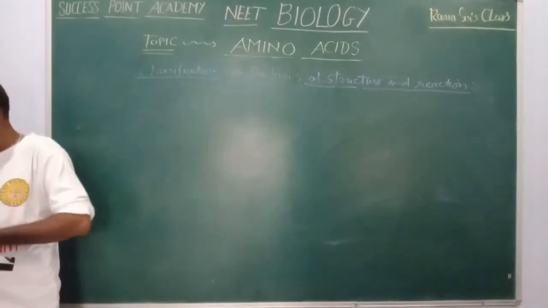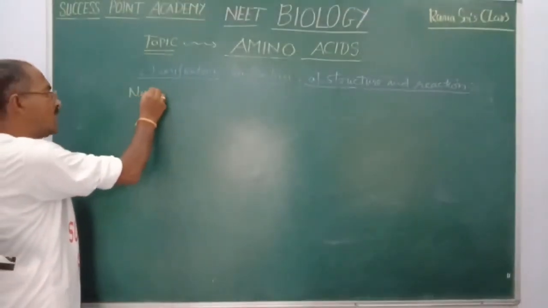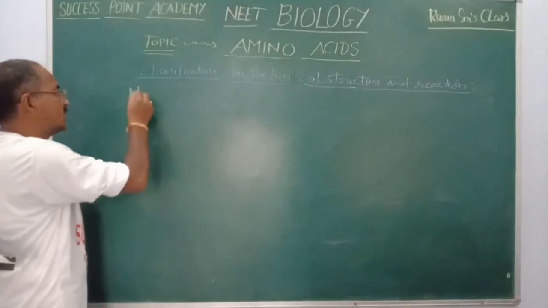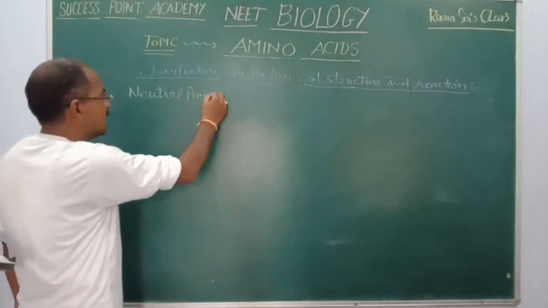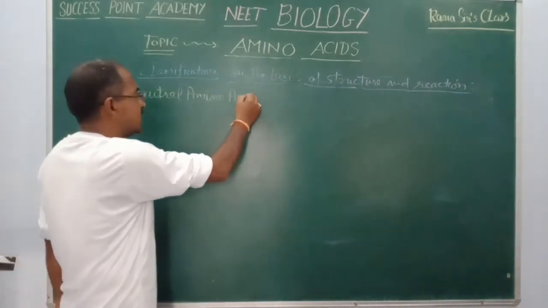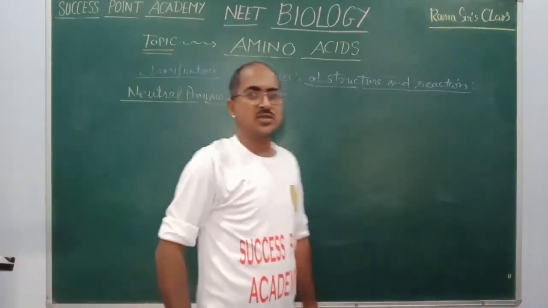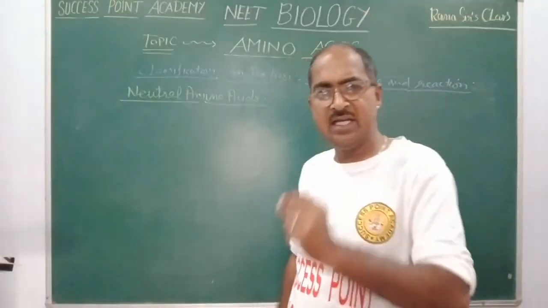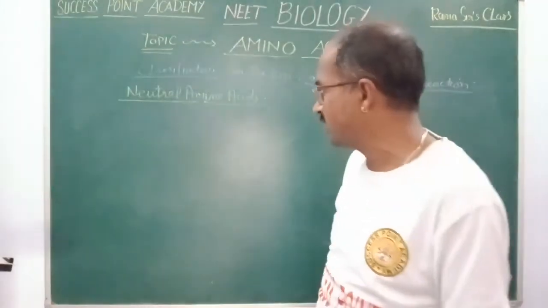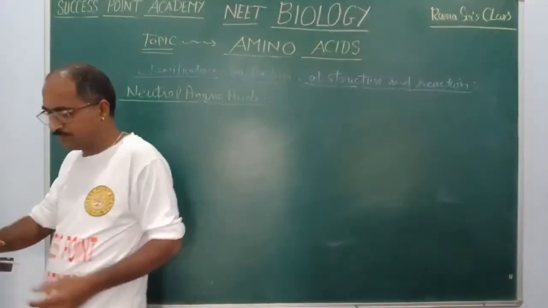Number one, note it down. Number one, neutral amino acids. Can you guess? How will we call them neutral? They will be termed as neutral because they contain equal number of amino groups and equal number of carboxylic acid groups. So they are basically neutral. Got it?